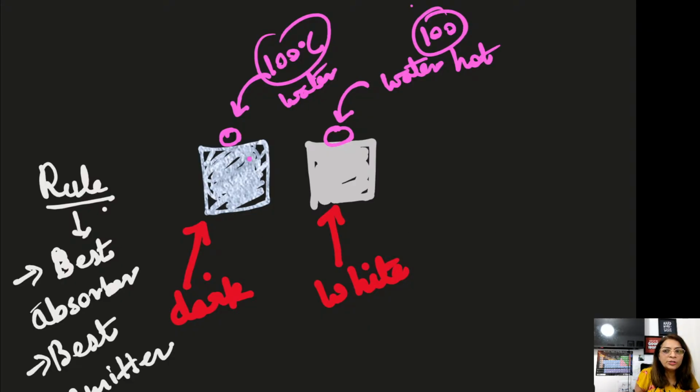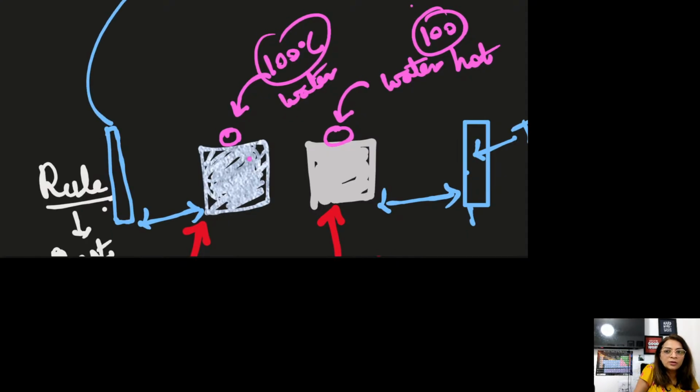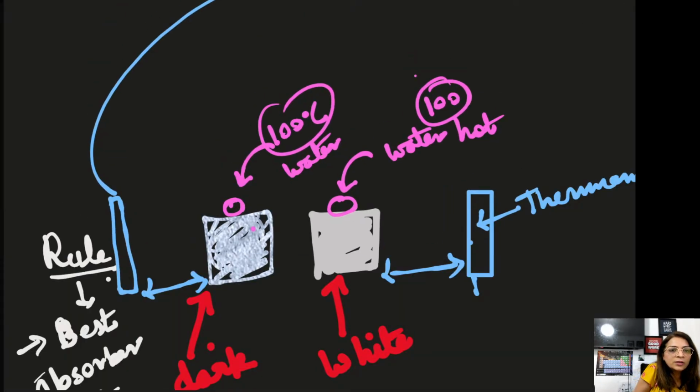So what you simply do, if you put a thermometer, if I show you a thermometer 10 centimeters away, this is my thermometer, let's say. Thermometer, 10 centimeters away. Okay? And there is another thermometer this side, and this is also 10 centimeters away.